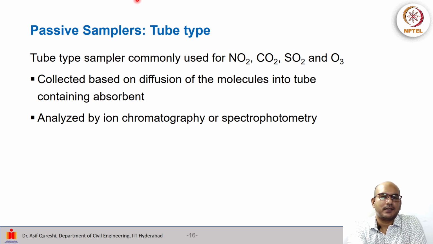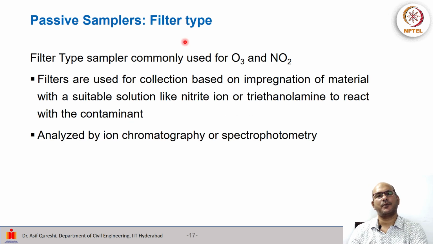Tube type samplers are commonly used for NO2, CO2, SO2 and O3. These gases are collected based on diffusion of the molecules into the tube containing the adsorbent, and such gases can be analyzed by ion chromatography or spectrophotometry. The next type of passive samplers would be the filter type passive samplers.